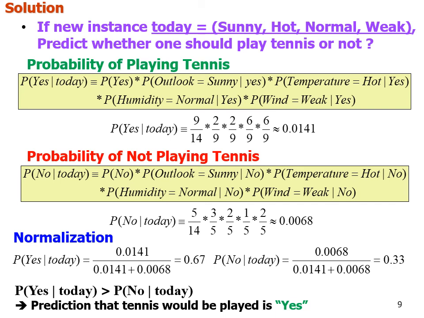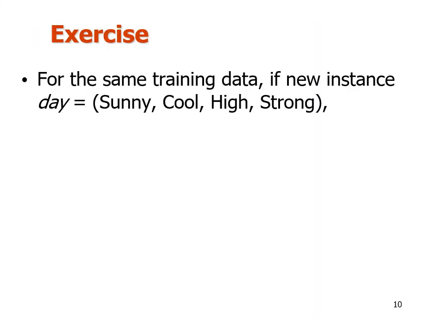So I hope you must have understood whatever we have done. Once again go through all the steps and further, based on the same data and same computation, try to find out or try to predict one more instance. So this is the exercise for you.